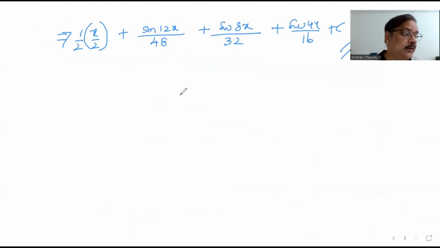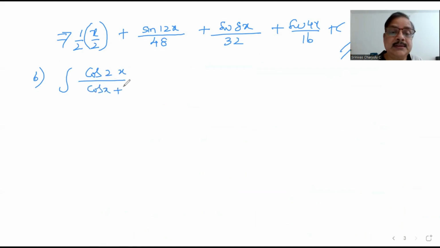Next sum, let us do one sum. What is the next sum for us? Cos 2x divided by cos x plus sin x whole square.